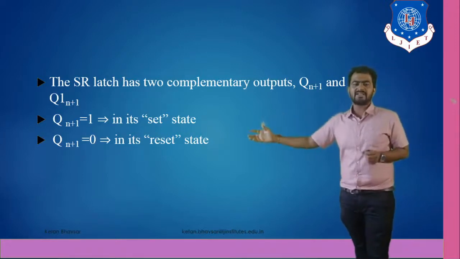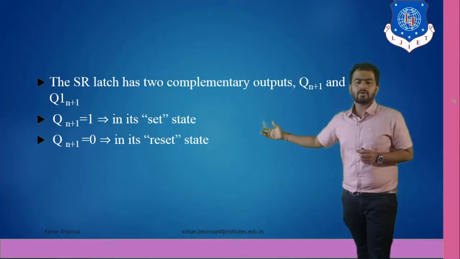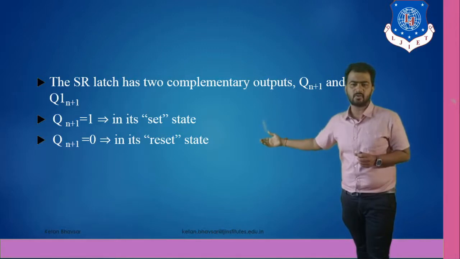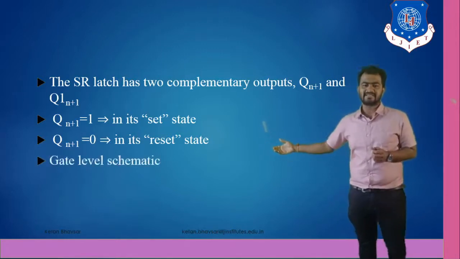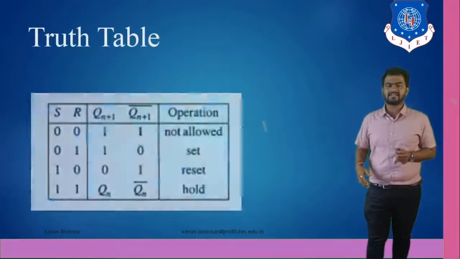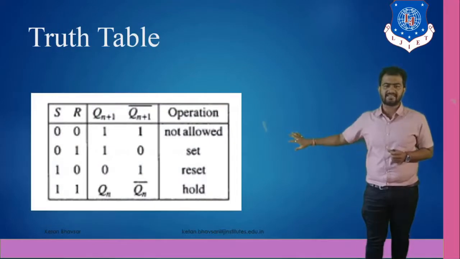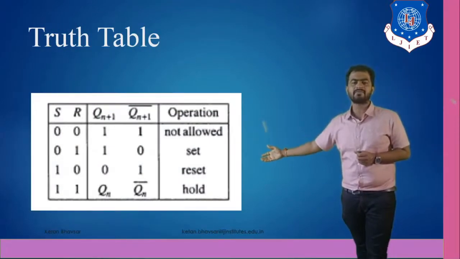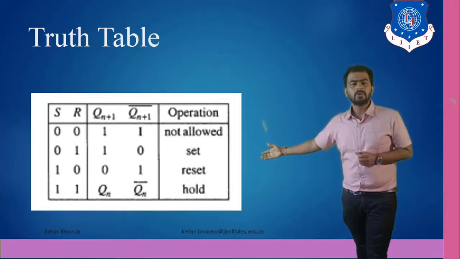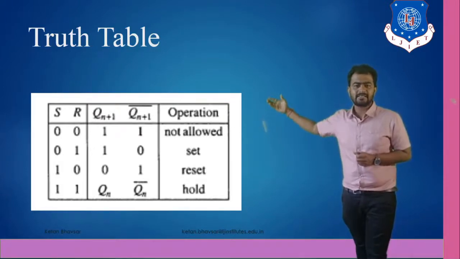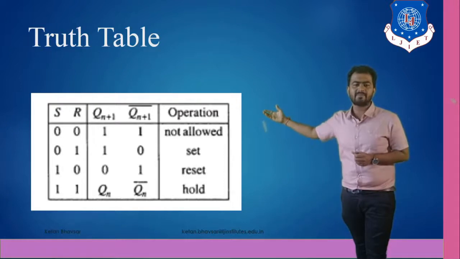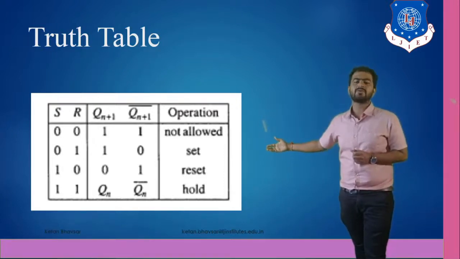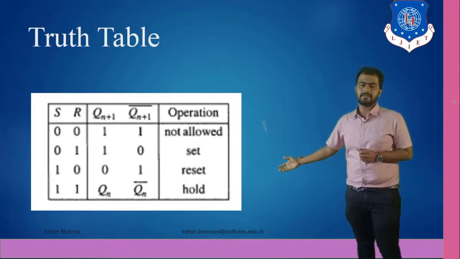If Q is equal to 1, then it is in set state, and if Q is equal to 0, then it is in reset state. We can see the gate level concept as per the truth table.